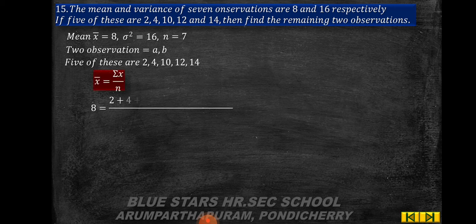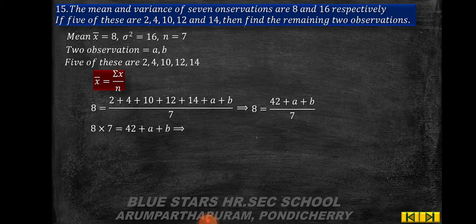So x bar is equal to summation x by n. So 8 is equal to 2 plus 4 plus 10 plus 12 plus 14 plus A plus B by number of observations is 7. Which implies 8 is equal to 42 plus A plus B by 7.